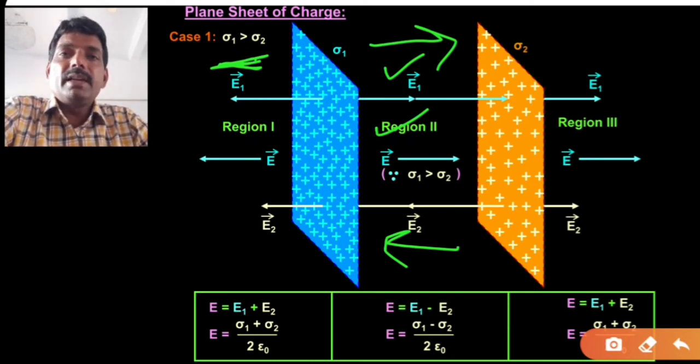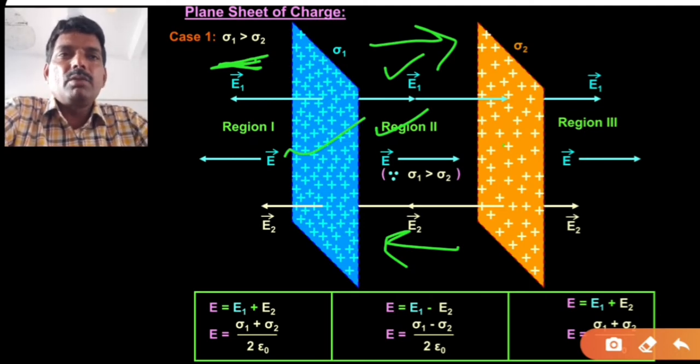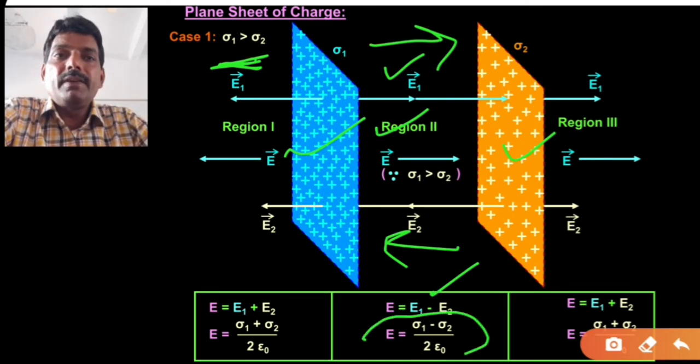So resultant you will get greater minus the smaller. So greater will be E1 because these charges are more, and smaller will be E2 because sigma 2 charges are smaller. Therefore E1 minus E2, you will get the resultant magnitude of electric field E is equal to sigma 1 minus sigma 2 upon 2 epsilon naught. This is the resultant magnitude in case of this region 2.